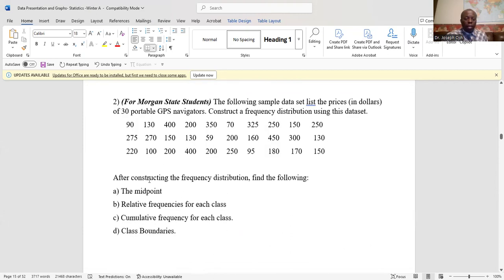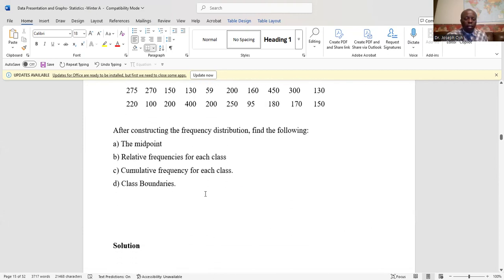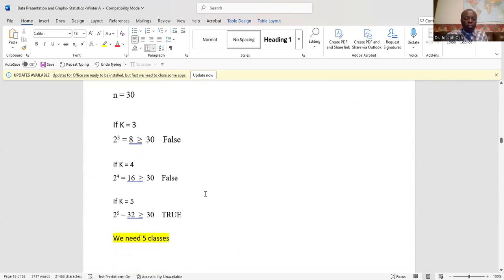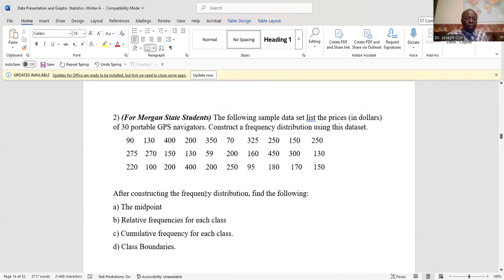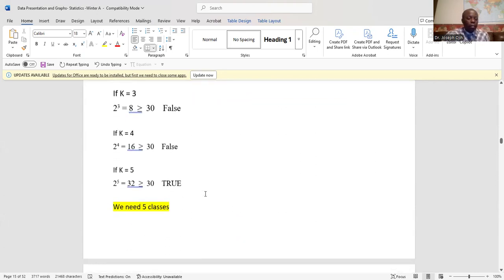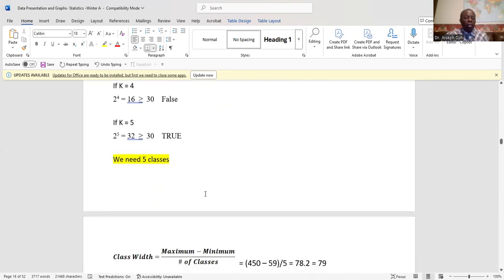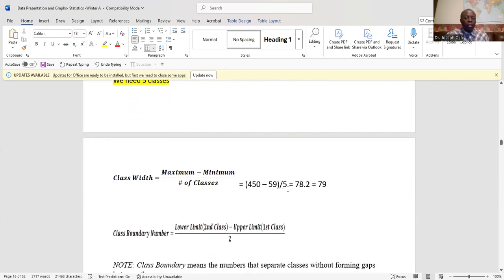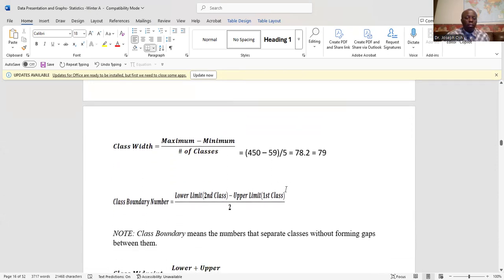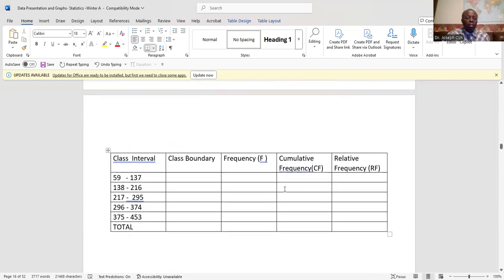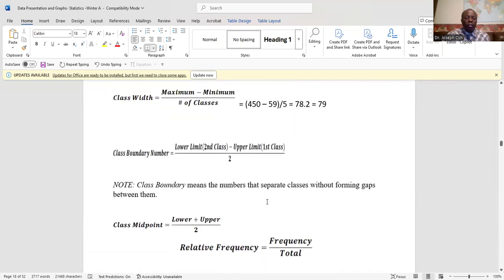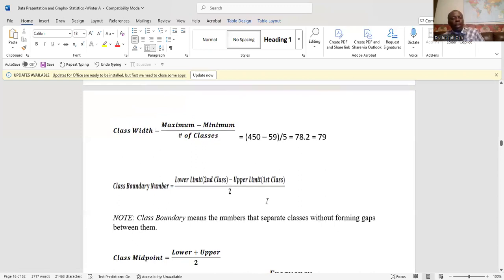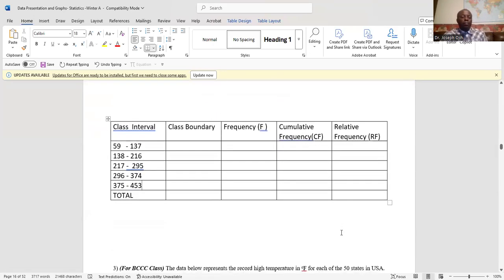Before we do that, let me make sure there's no mistake in what we did. 59 is the smallest number there. We have 375, and 79 was added to all of them.